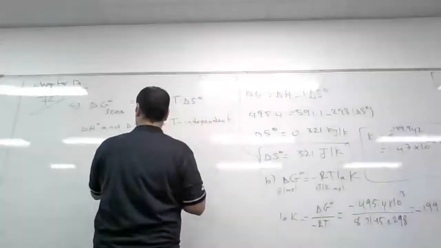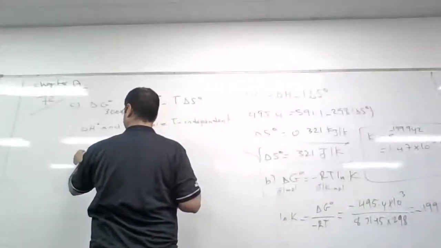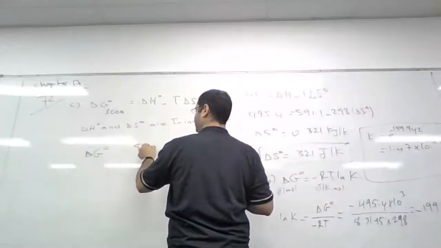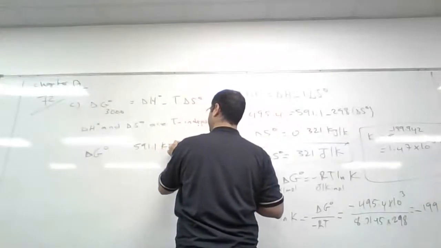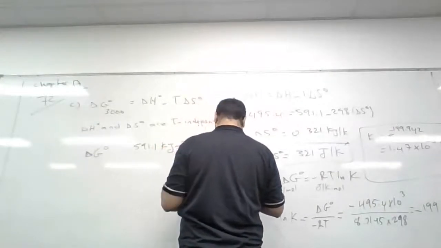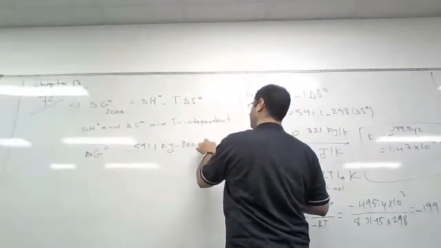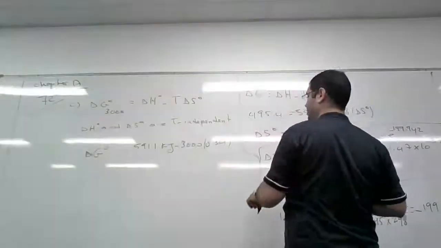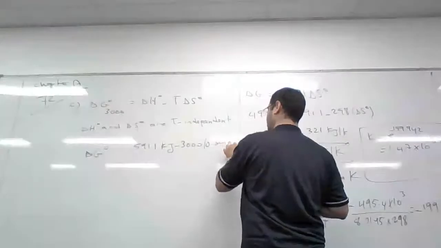If you continue now in here, delta G naught is equal to how much? 591.1 kilojoule minus 3000 into 0.321, which is the value of delta S in kilojoule as well, per Kelvin.